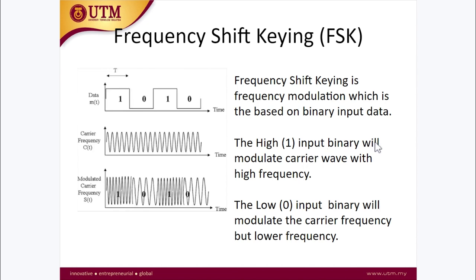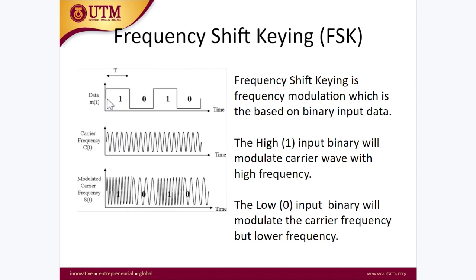Frequency shift keying is frequency modulation, which is based on the binary input data. For frequency shift keying, we will also have an input binary data and the frequency domain.